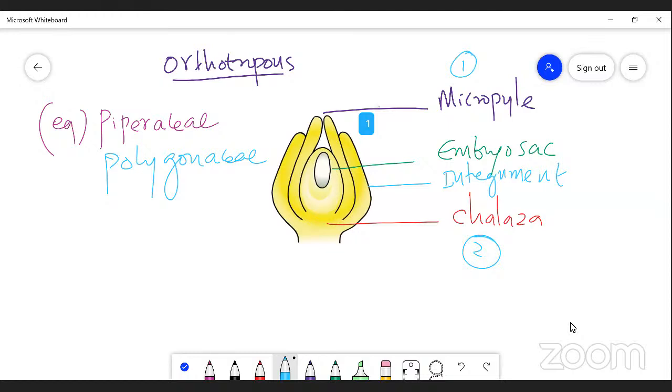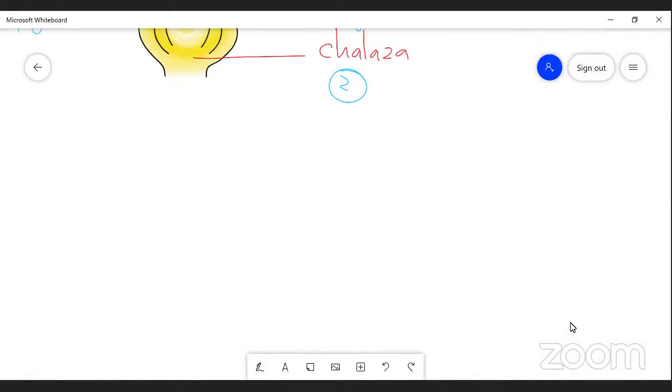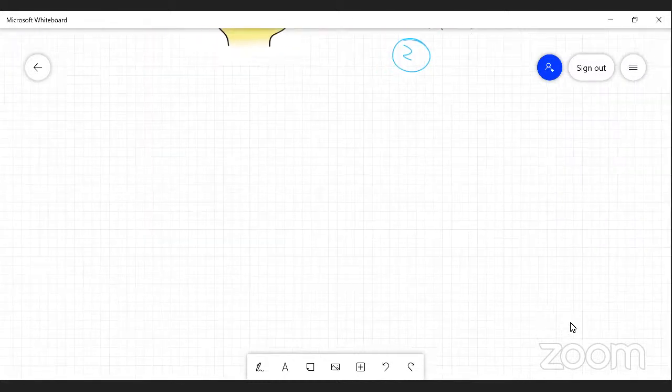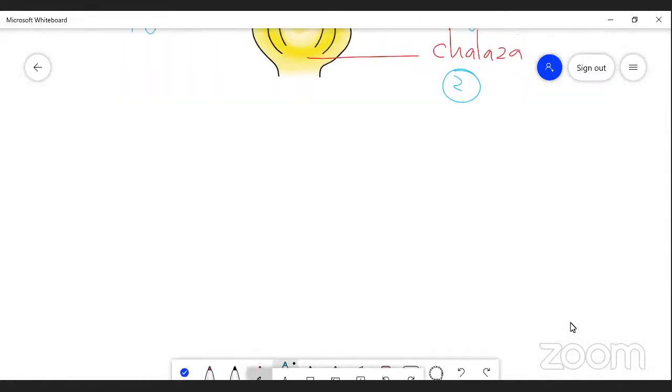So what is an orthotropous ovule? Orthotropous ovule is a type of ovule in which both the microphyll region and the chalazal region lie just opposite each other, right? That is called orthotropous. And next we pass on to the second category, anatropous ovule. I am talking about the second type, that is anatropous.